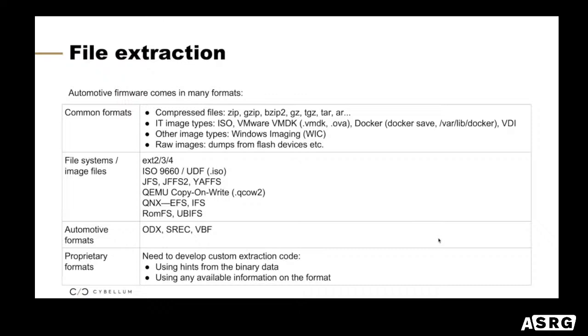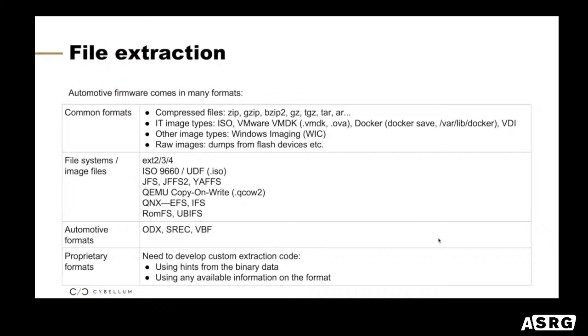You can have different file systems, open source ones, the common ones in Linux. Sometimes, if it's a commercial OS firmware like QNX, you will have the QNX file systems and so on. So the list is long. Some vendors use some less common formats.